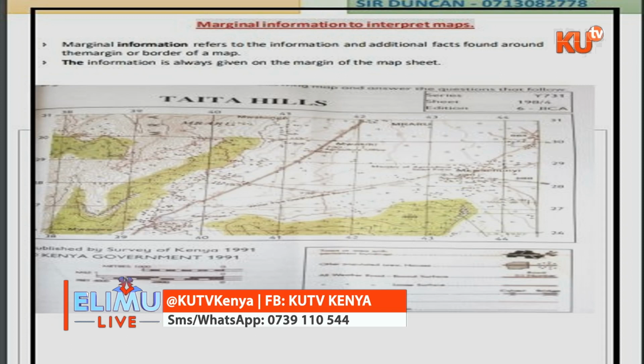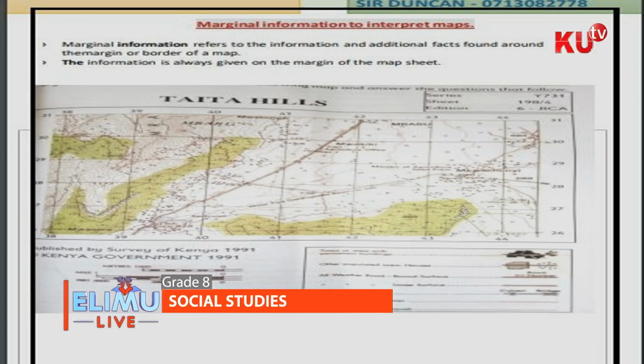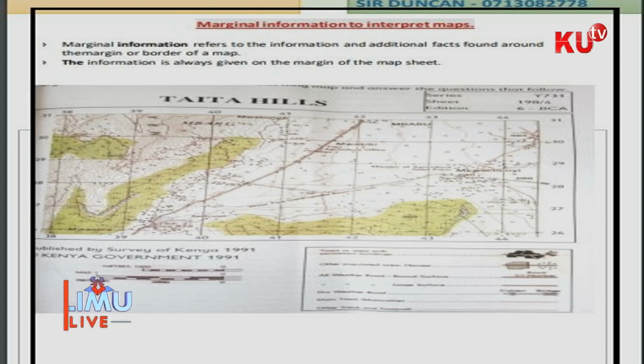As you can see on the screen, there is the map itself, then there is added information outside that map. The information is always given on the margin of the map sheet. What you can see on the screen is called the map sheet, and any information that is found outside is called the marginal information.